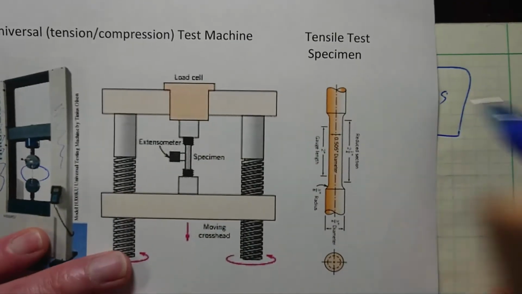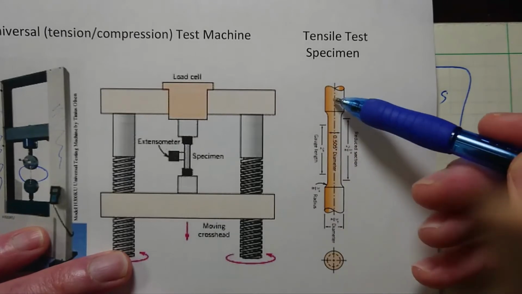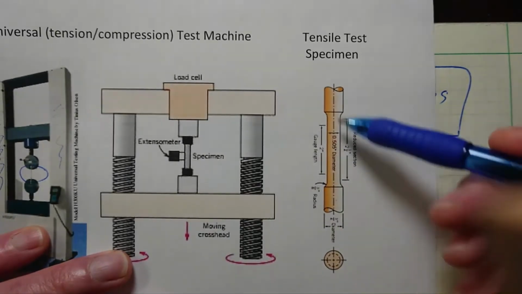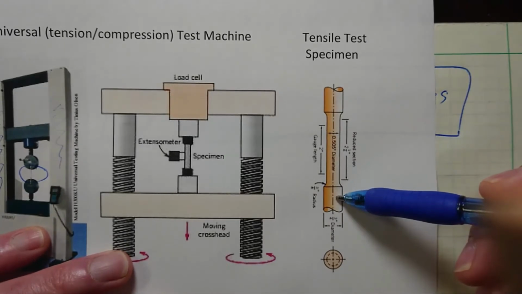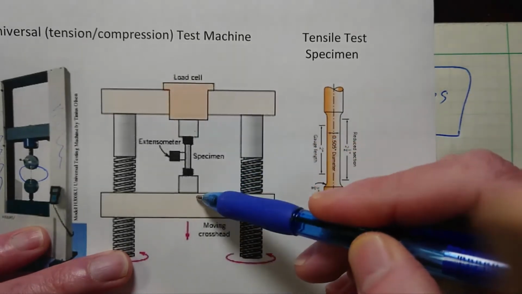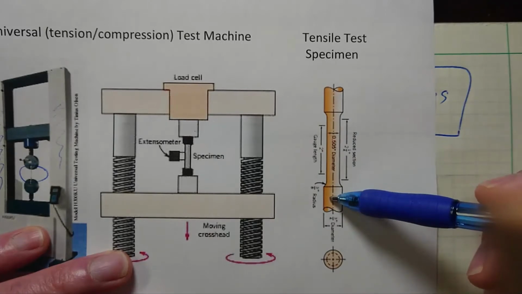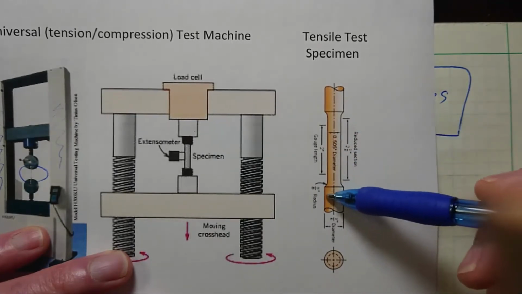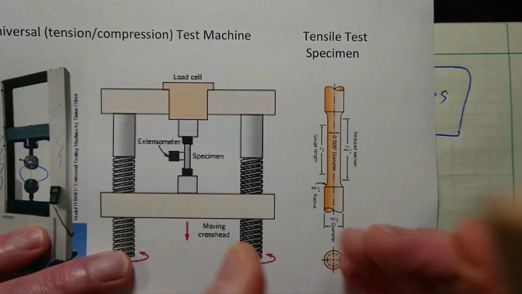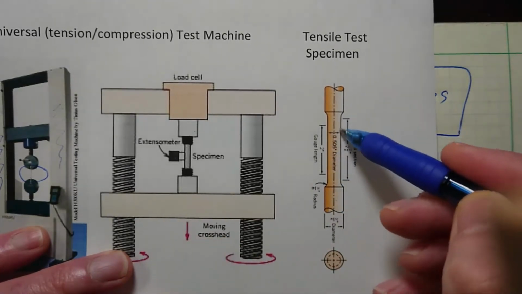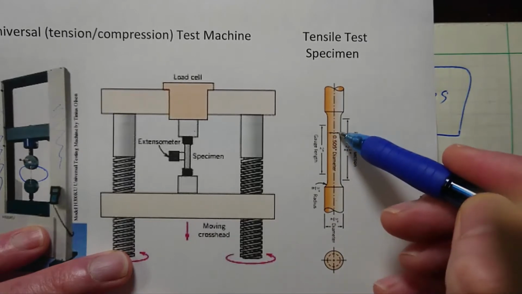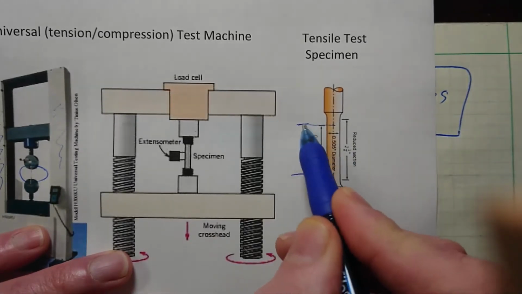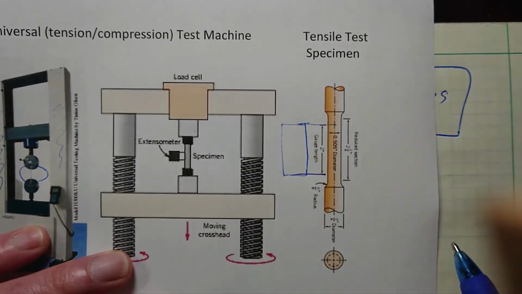And here's a zoom in on a typical tensile test specimen. You see that the regions of the sample that are actually gripped by the upper and lower grips are larger in diameter than the test specimen, and that's so that we don't get failure of the sample where the grips bite into the piece of metal. And so there's a reduced gauge section, and the gauge length is the length of the sample that is held by the extensometer.